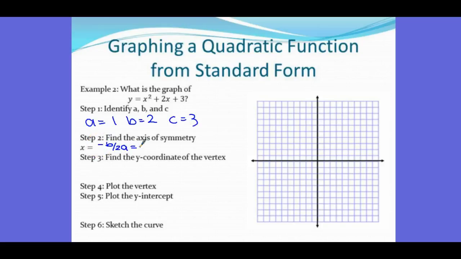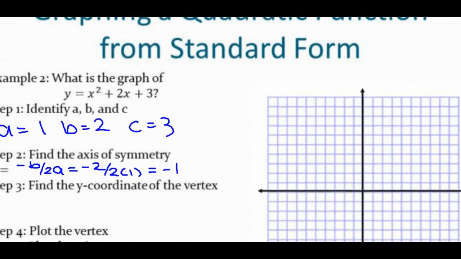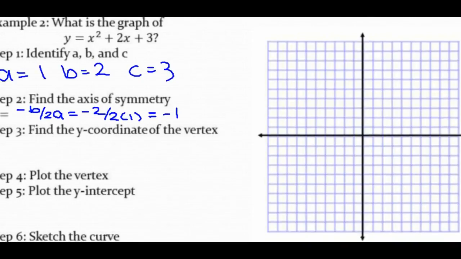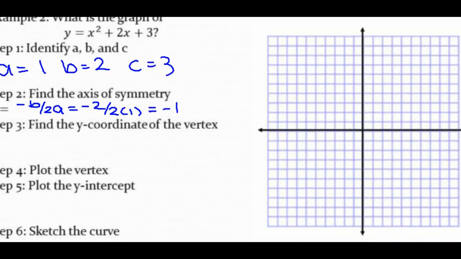So remember, it's negative B divided by 2A. So what's the opposite of B? Divided by 2 times 1. So it's negative 2 divided by 2. Negative 1. The K value is when you plug negative 1 into the function.